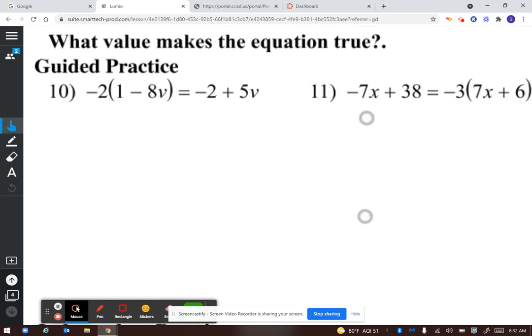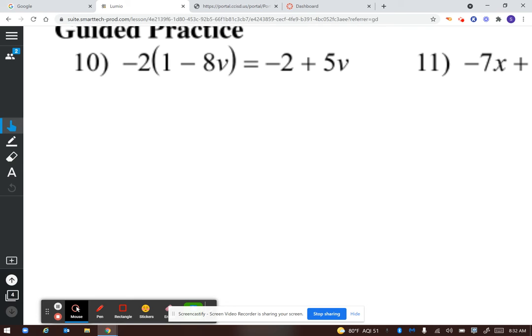What I notice here is that instead of just distributing a regular number, this number up front is negative. Again, I'm going to write step 1, distribute. The reason why I do this is a good study habit: to write the steps.